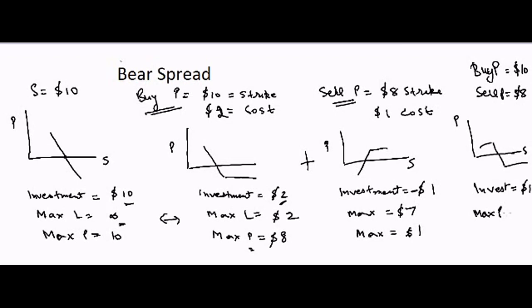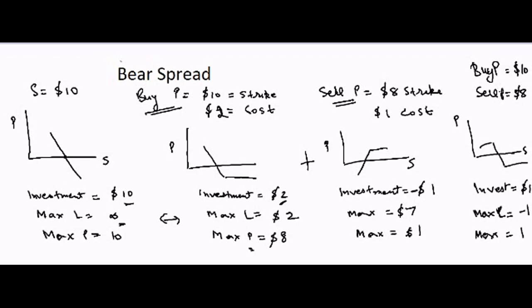First of all, maximum loss is -$1, because we invested a total of $1, so that is all we can lose. And the maximum profit will also be $1, because we buy the put at $10, and the maximum it can go down to is $8, because after $8 we have already sold the put.